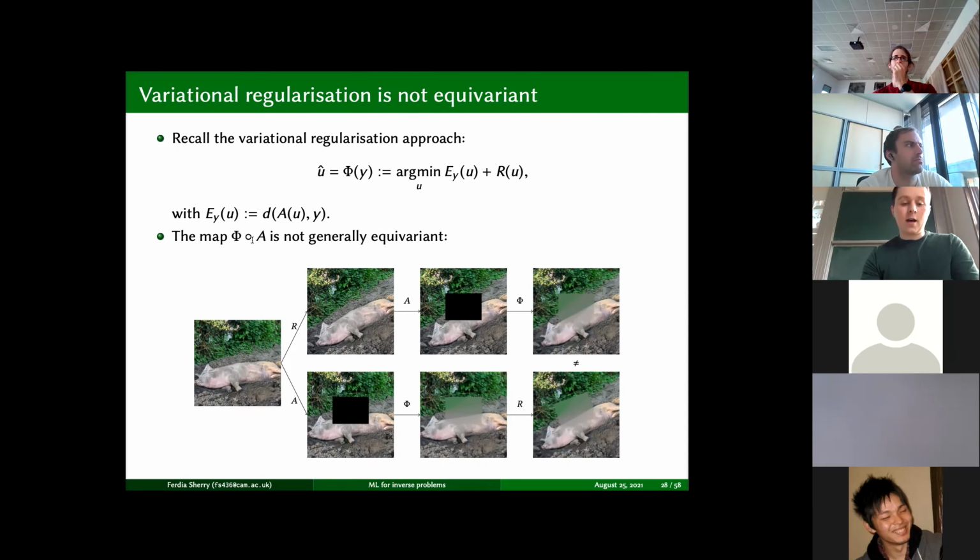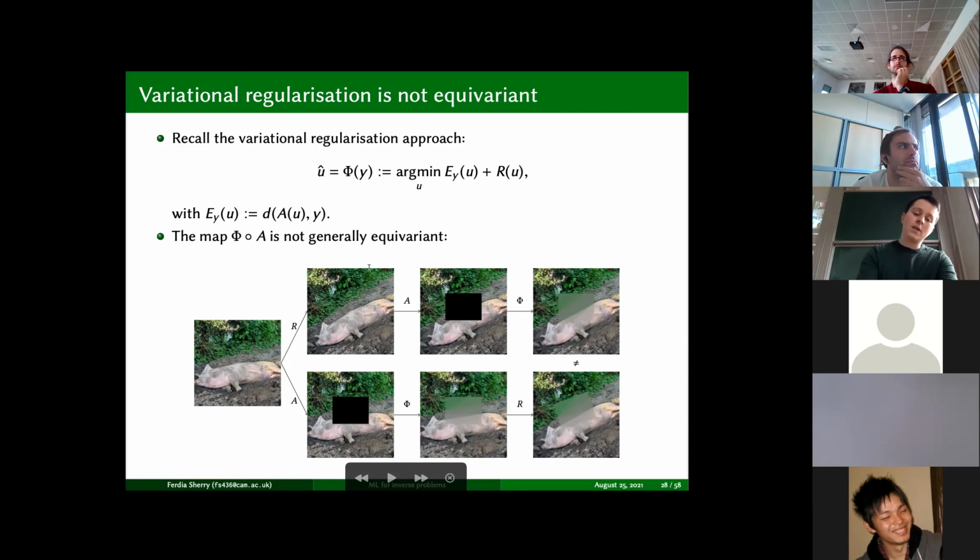Because the forward operator generally maps a space that might be symmetric, like this nice image space, to a space that might not have symmetries. Your measurement space might not have a nice shape or nice symmetries, but you might try to ask what happens if you apply your forward operator and then your reconstruction.